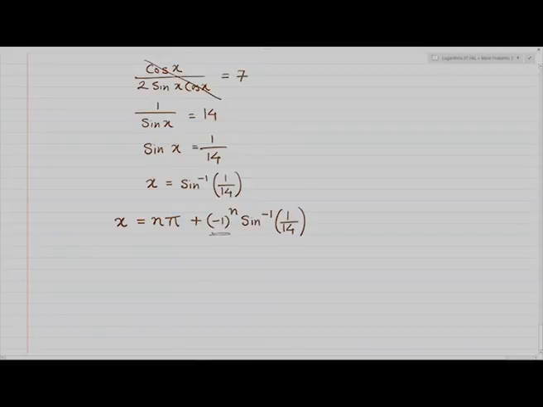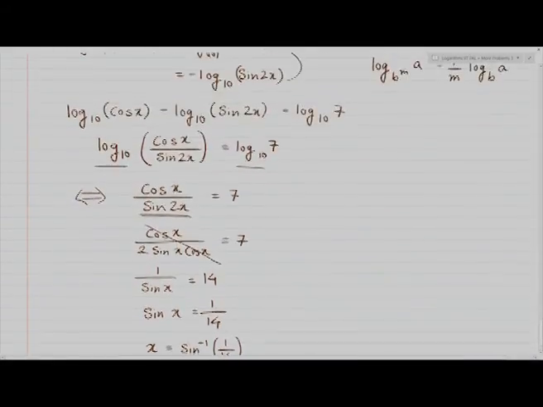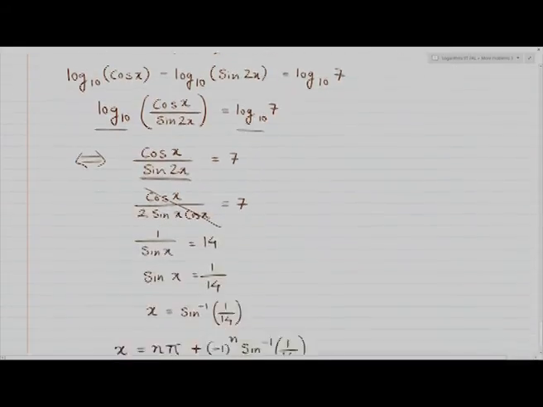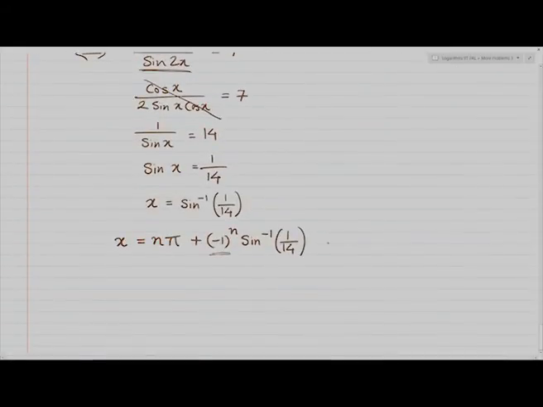Okay. But will these values satisfy our equation? What is our equation? Our equation is a logarithmic equation, right. So, if I want to define this equation, then I need to ensure that sin 2x must be greater than 0, cos x must be greater than 0. So, this is a general solution, but this is not the final solution.